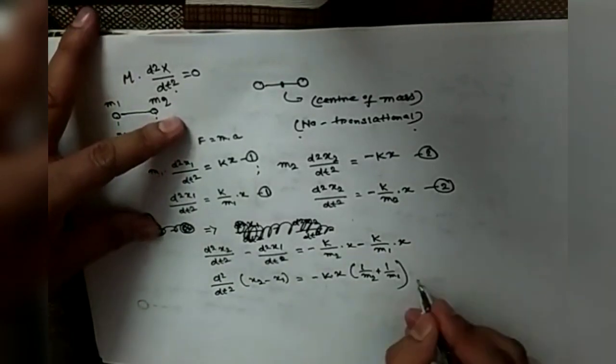Now we simplify this equation: d2/dt2 is a common factor, of x2 minus x1, which will be equal to minus k x times the common factor 1/m2 plus 1/m1. So what is this x2 minus x1?